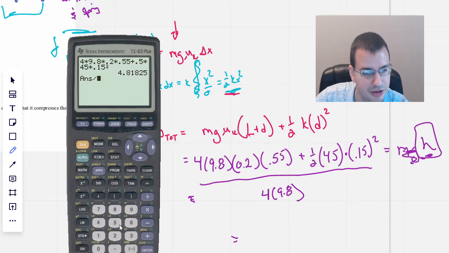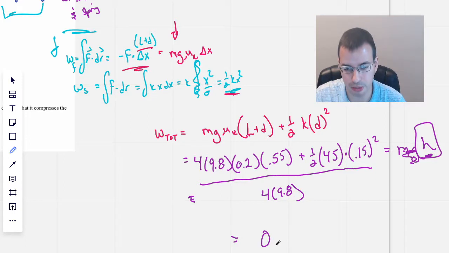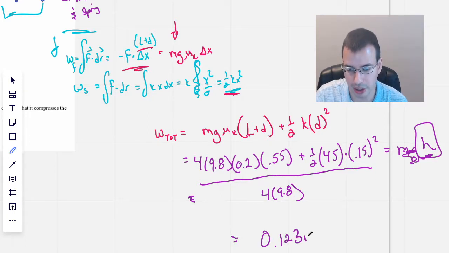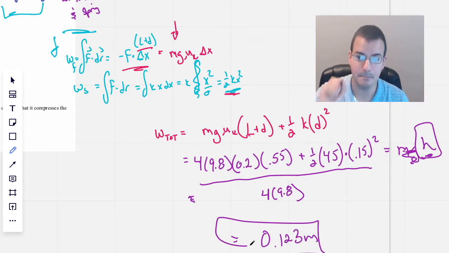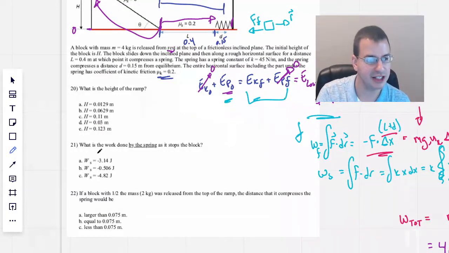It gives us an answer. Divide by quantity 4 times 9.8, close, 0.123 meters. Okay, so we got 1.123, and that's even a possible answer, which is nice.